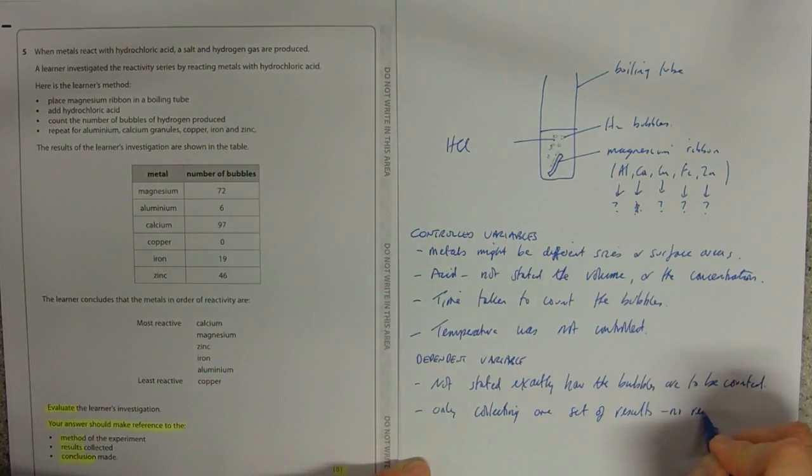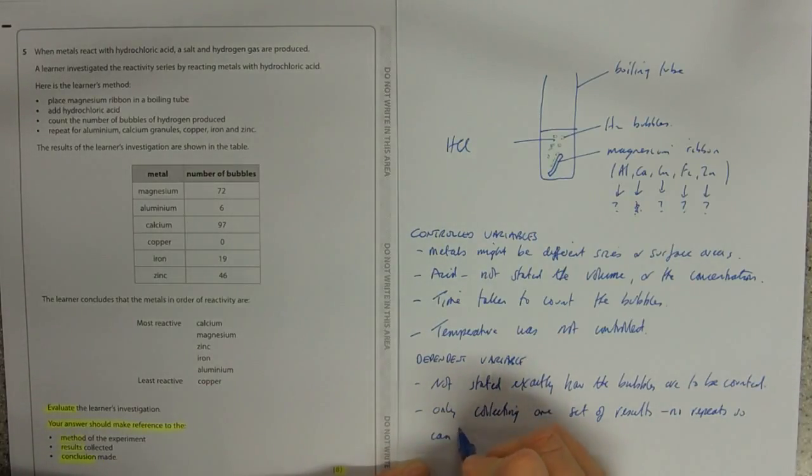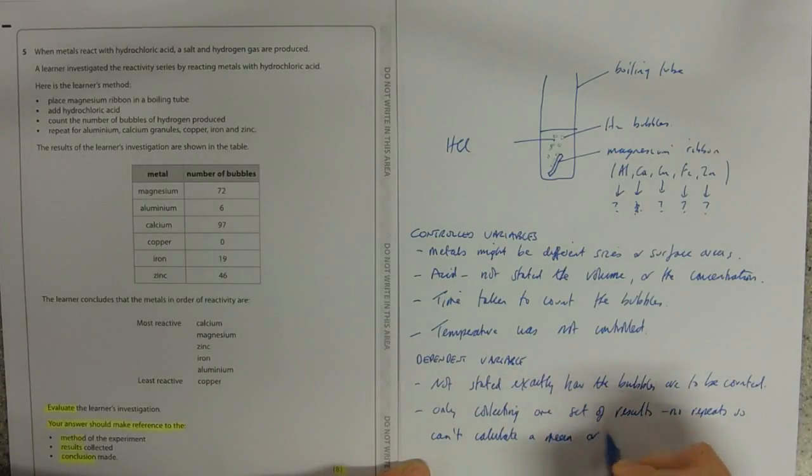There are no repeats. So, for example, can't calculate a mean or identify any anomalous results.